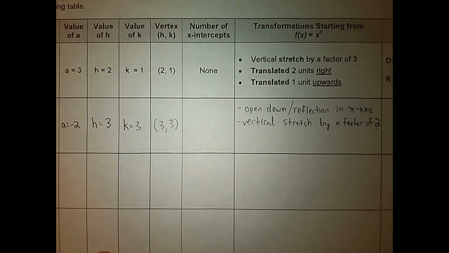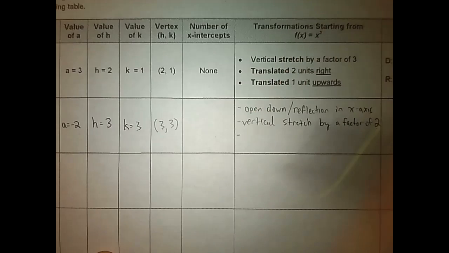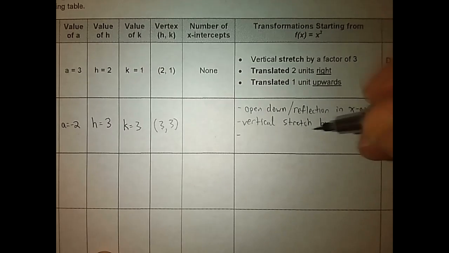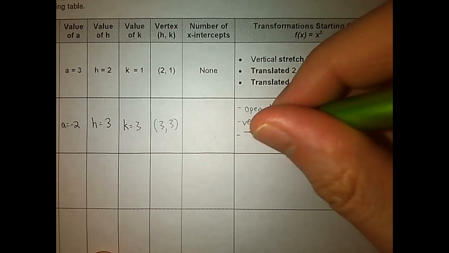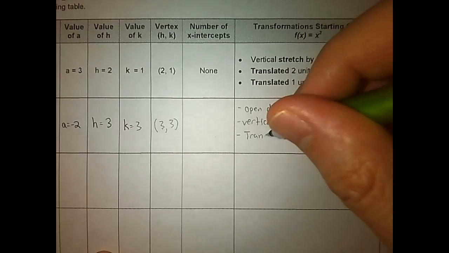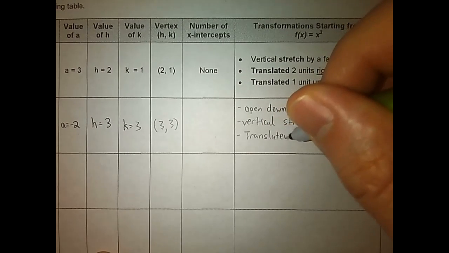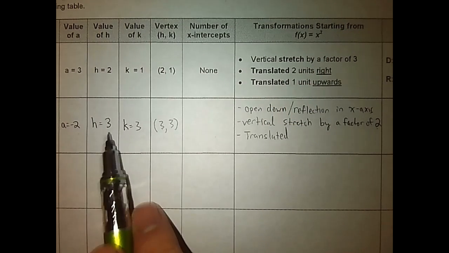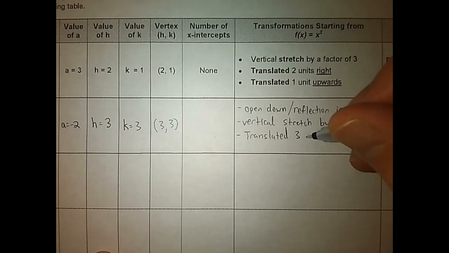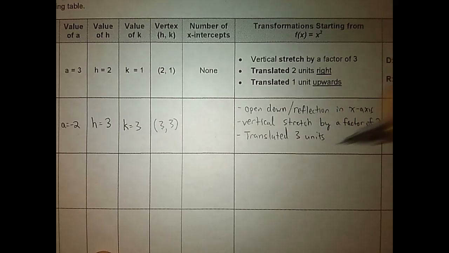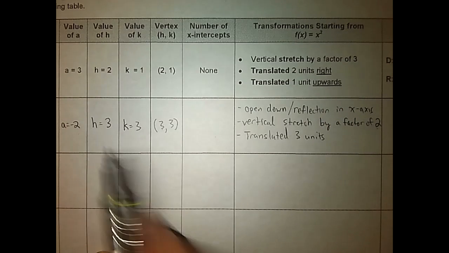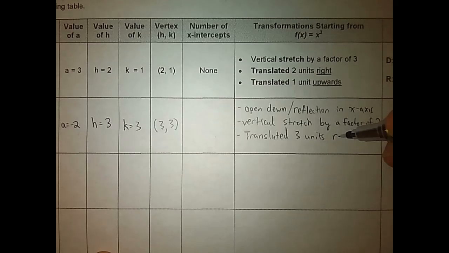Our h value, it's a +3, so we're going to have it translated. Well, how many units? Well, h is 3, so 3 units. And because the h value is positive, we're going to move to the right.